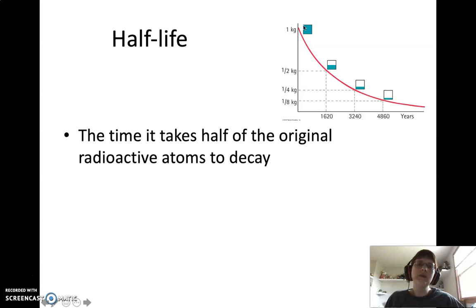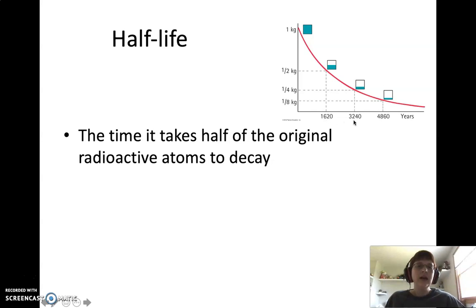So you can see up here we've got a little graph. We start off with 1 kilogram of our radioactive element. And in this case, by the time we get to half a kilogram of the radioactive element, 1,620 years have passed. So that is a half-life.